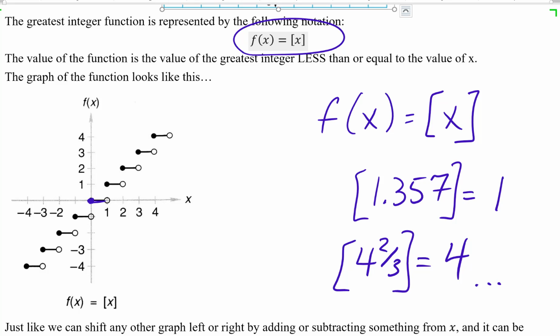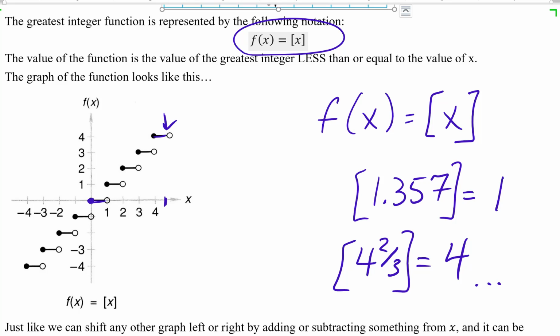The greatest integer that is less than or equal to 0.9999999 is 0. All right, so look up here. Say you have 4.5. The greatest integer that is less than or equal to 4.5 is 4.